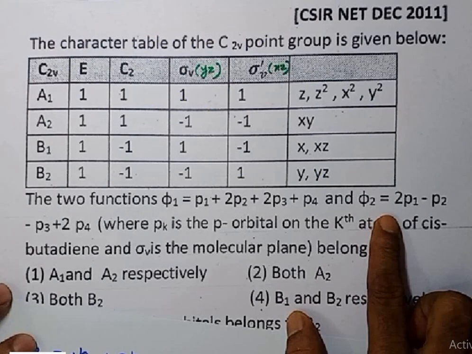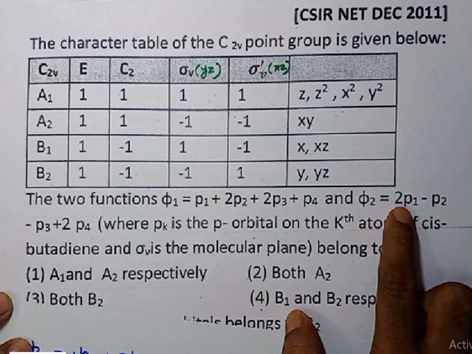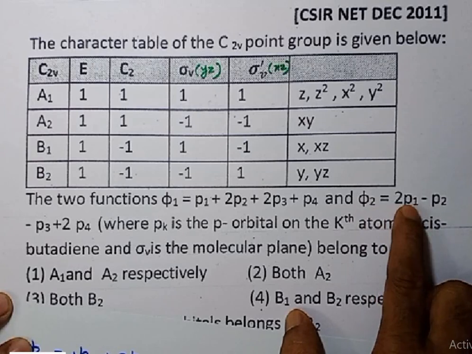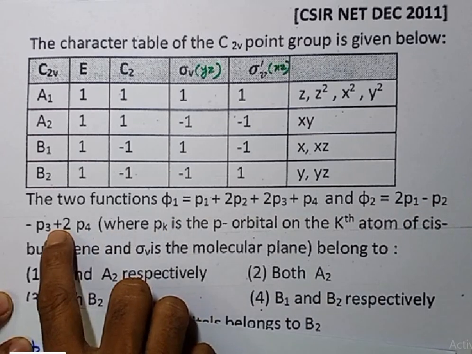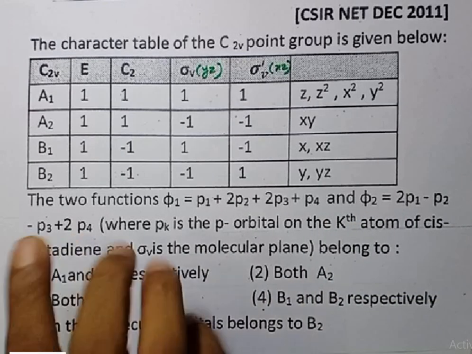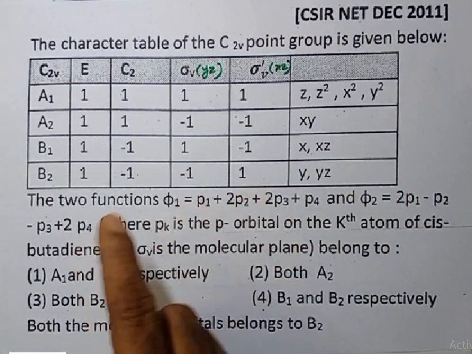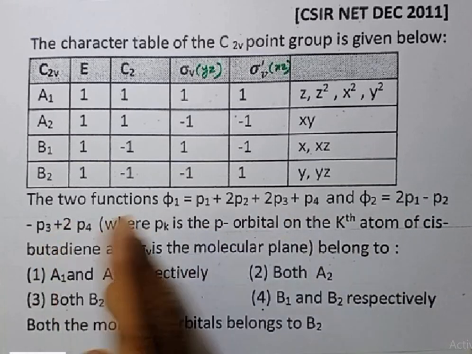Now we'll go to the second molecular orbital P2, which is equal to 2 times P1 minus P2 minus P3 plus 2P4. So here P1, P4 contribute more and they have positive sign in front. Whereas P2, P3 contribute less compared to P1, P4.